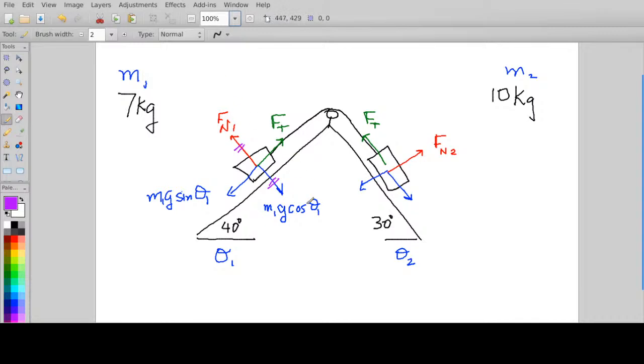There's no acceleration perpendicular to the plane here, and as a result, the normal force this way and the perpendicular force of gravity that way have to cancel against one another. If the normal force were bigger, then there'd be an acceleration that way, in which case it'd be lifting off the plane, and it doesn't do that. And if the perpendicular component of the gravitational force were bigger, then it would accelerate that way. And it can't be doing either of them, so they cancel, okay?